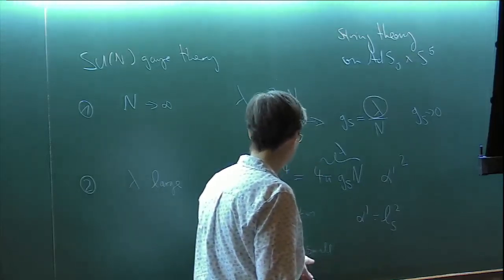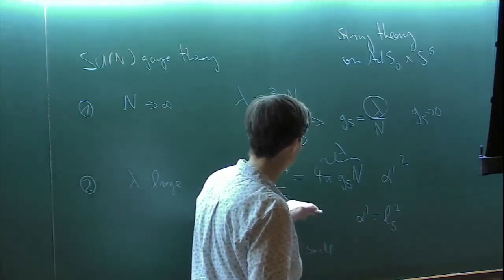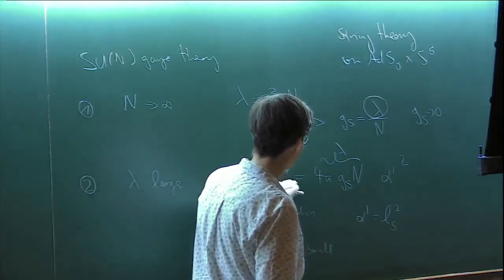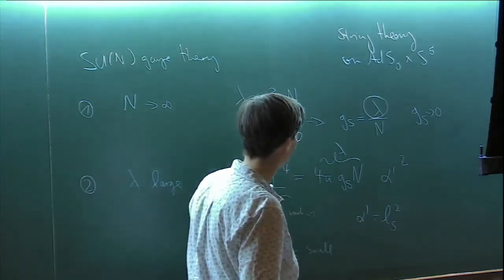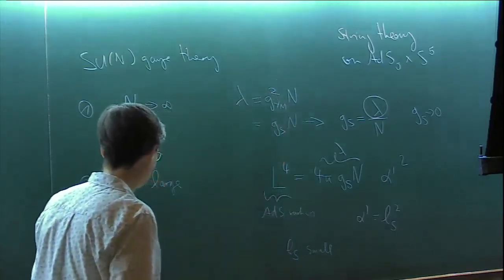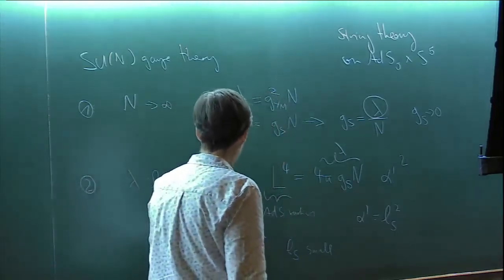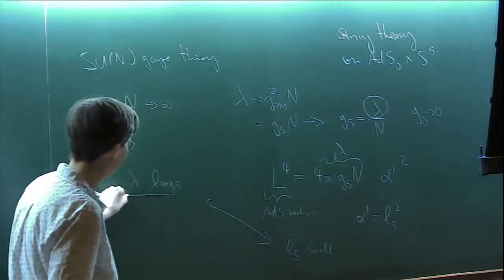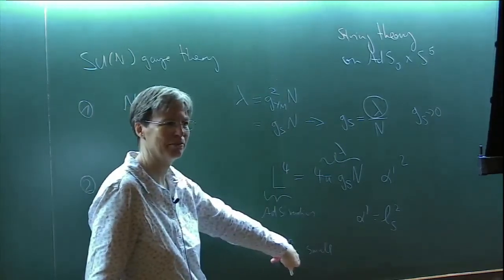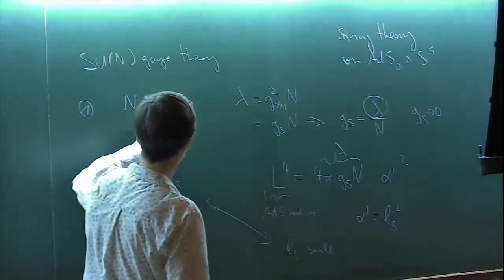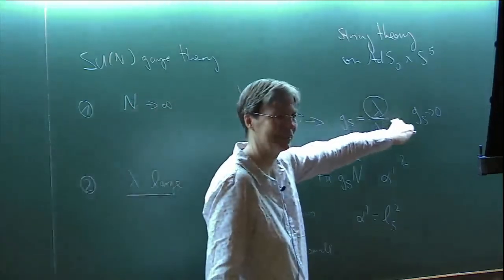So this means in the units, essentially, I mean, this is a dimension for a quantity, but okay, we can normalize it with this L, for instance. So if I take this coupling large such that I have a strongly coupled gauge theory, this means I get point-like particles. Okay, so the two limits are: I take N to infinity, which means I get a classical string theory.